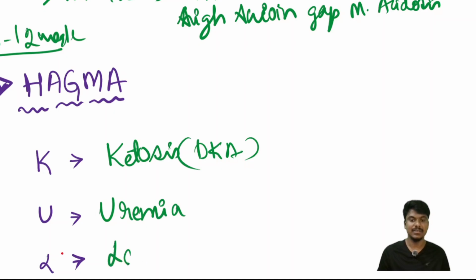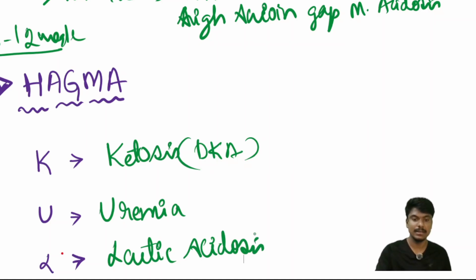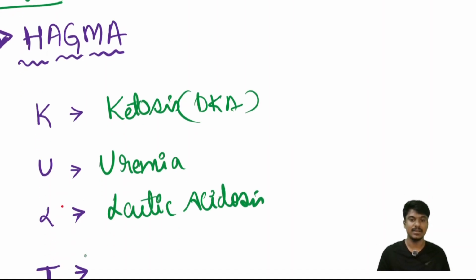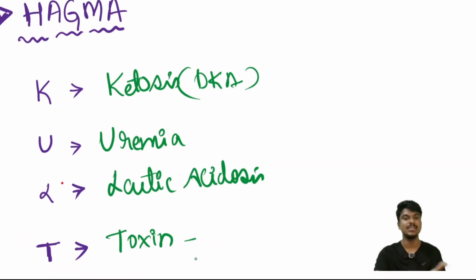L is for lactic acidosis. And T is for toxins. You can see HAGMA in these. They may ask you what conditions cause a high anion gap metabolic acidosis.